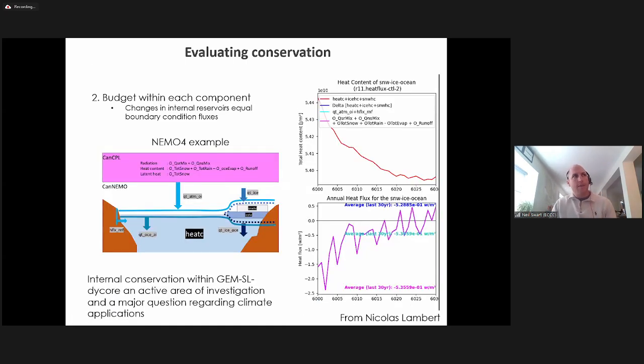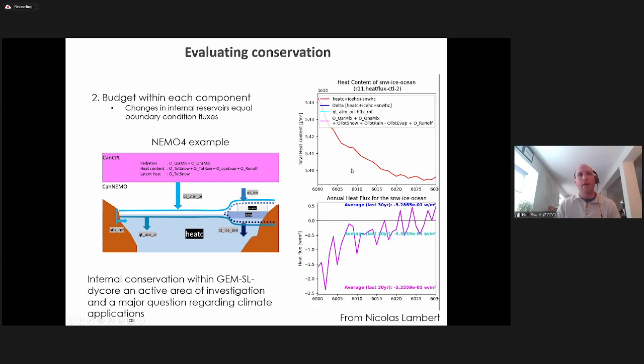The second thing that we like to check very carefully is conservation within each component. So mostly here, I'm just giving an example from NEMO. We know what the fluxes that are coming in from the coupler, and then we know the reservoirs of heat within NEMO; the liquid ocean, the snow, and the ice all contain some heat. And then there's fluxes between those.